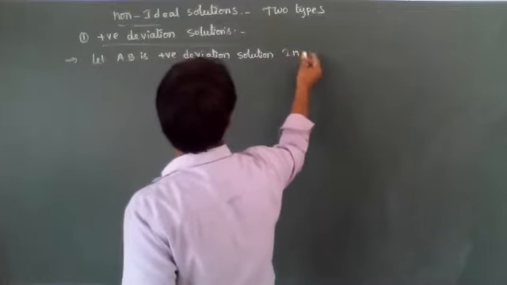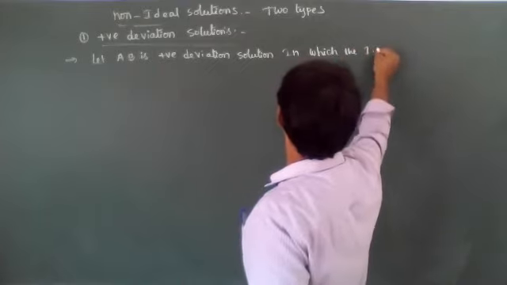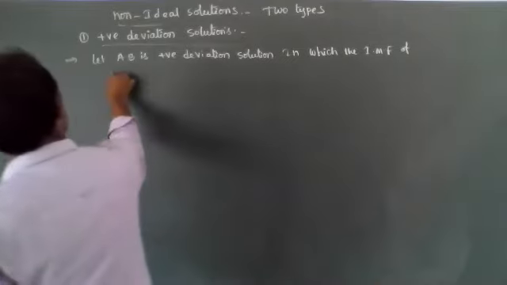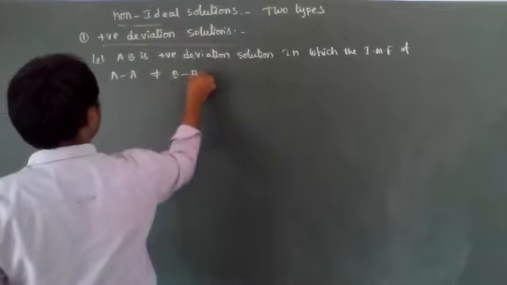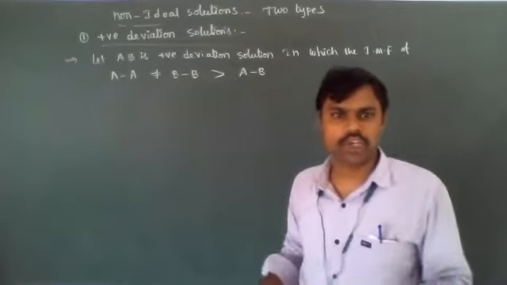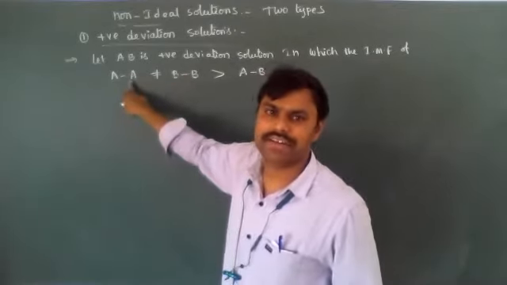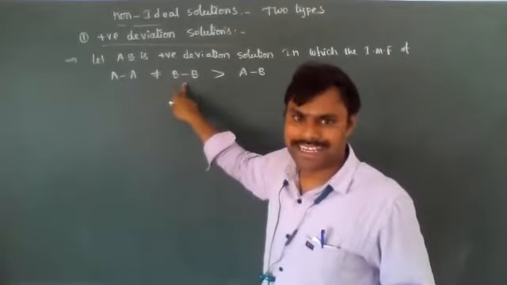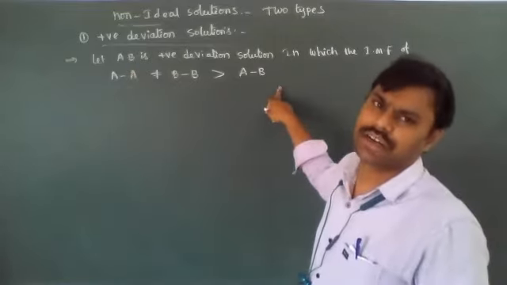in which the intermolecular forces of AA and BB are not equal, and both are more than AB. Okay, students, the solute-solute intermolecular forces are not equal to the solvent-solvent intermolecular forces, and both are more than the solute-solvent intermolecular forces.